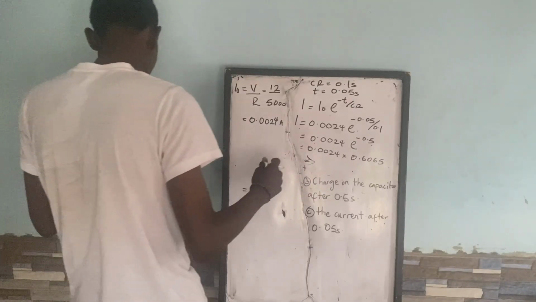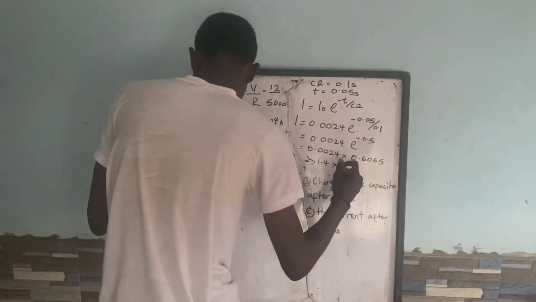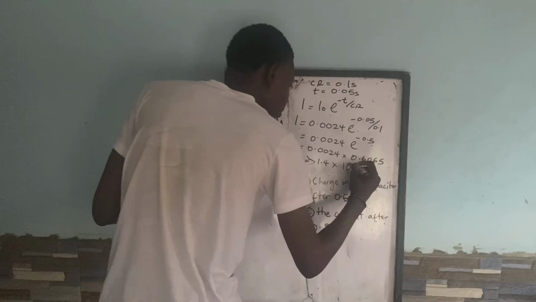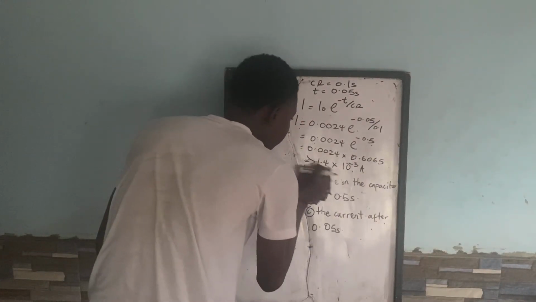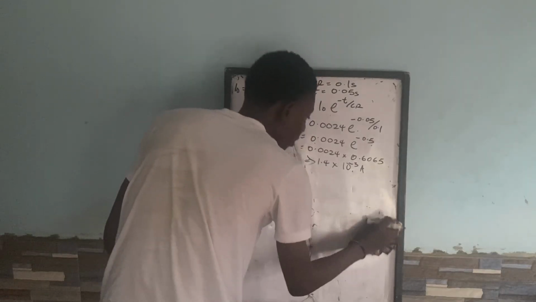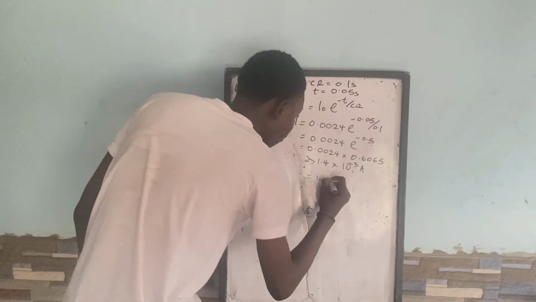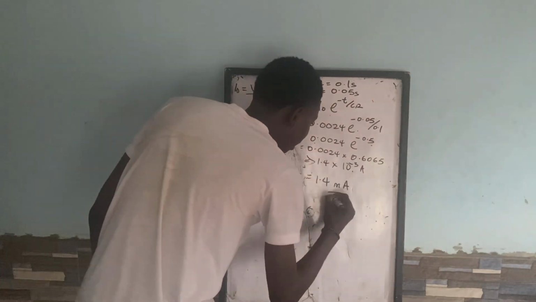We would have our final answer as 1.4 times 10 raised to power minus 3 ampere. Since we know 10 raised to power minus 3 is milli, we can write our final answer as 1.4 milliampere. How do you feel about that?